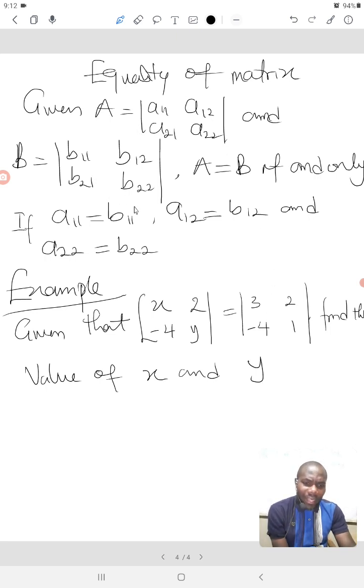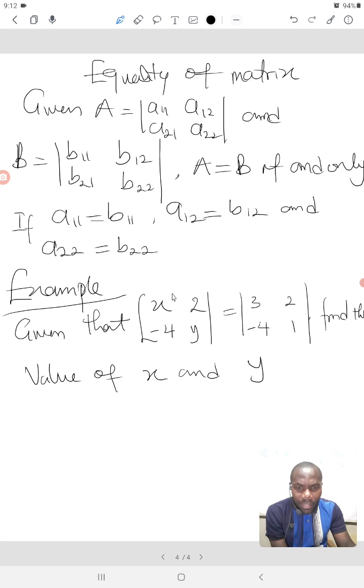As I said earlier, in the equality of matrix, since A is equal to B, it means x will be equal to 3 because A row 1 column 1 is equal to B row 1 column 1.